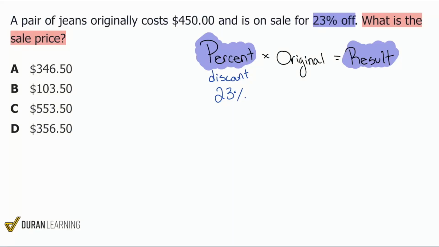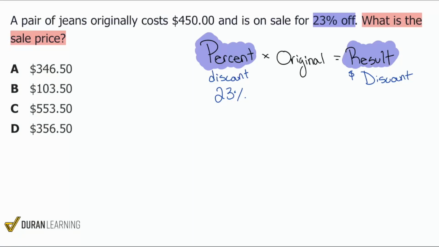In this context, we plugged in the percentage discount. That's going to give us the amount of the discount. That's not what we're looking for. We're looking for the sale price, the final price after the discount. That's what it's all about.